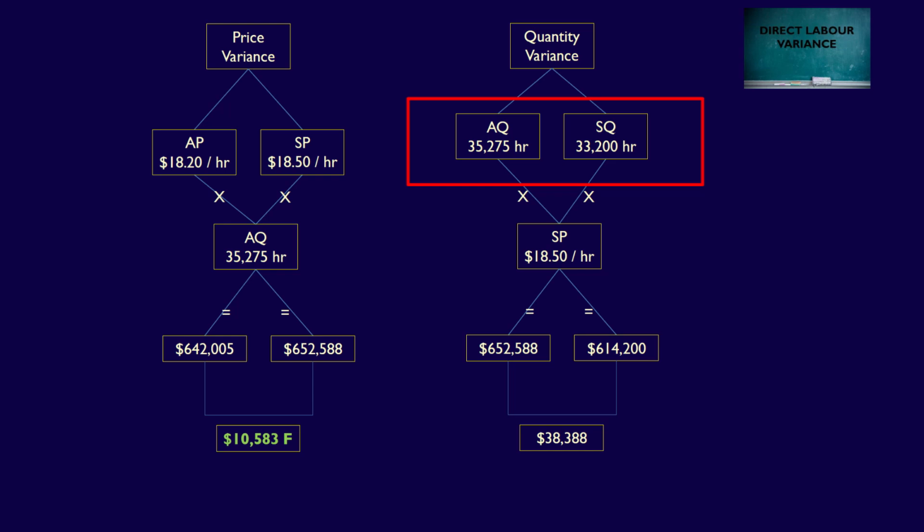Well, the actual hours used is more than the expected standard hours, so we did a poor job controlling our use of labor, and therefore the $38,388 variance is unfavorable, denoted with a U. Makes sense. Using more hours of labor than we planned indicates that management is unable to control their use of their workers, so they did worse than the standard expected.